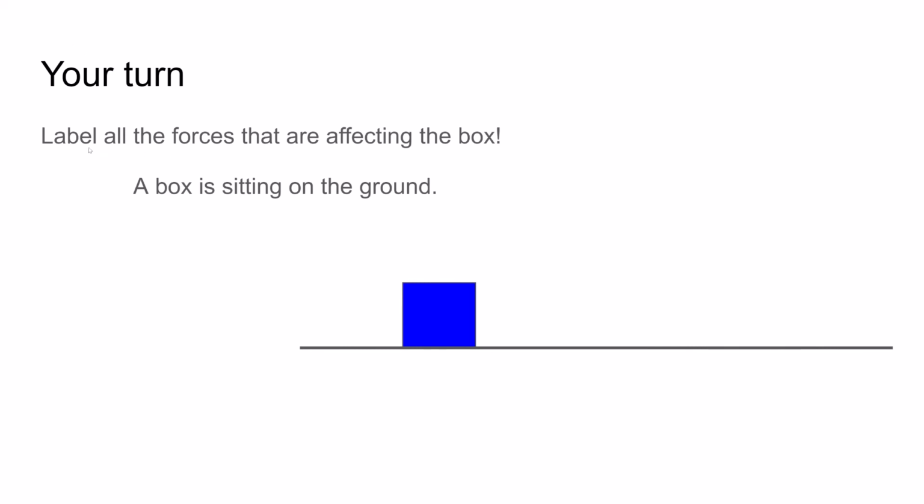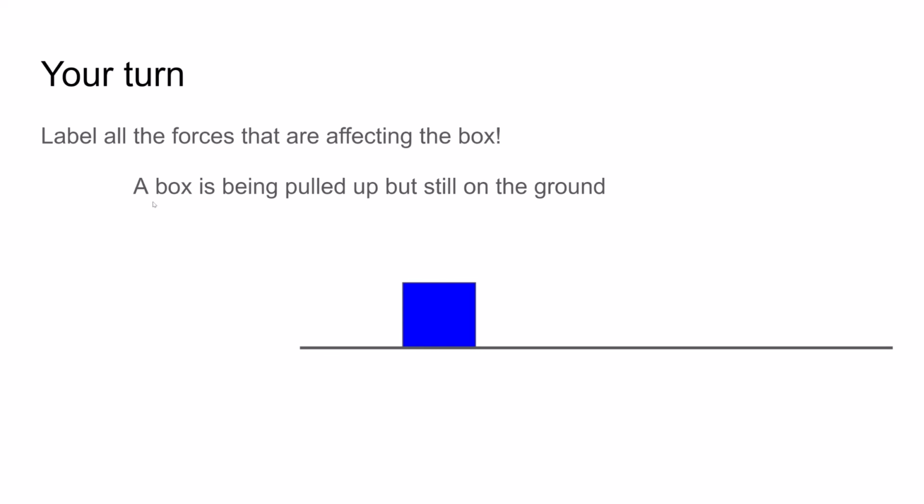Alright, your turn. Label all the forces that are affecting this box under these scenarios. So we have a box sitting on the ground. You should be listing any and all forces that are affecting it. We have a box being pushed on the ground to the left at a constant speed.